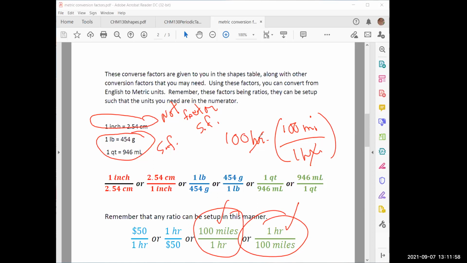And so there you go. I got 100 times 100. Okay, that's 10 to the 1 times 10 to the 4th, and I'm good to go. And my units are correct. So keep track of your units.